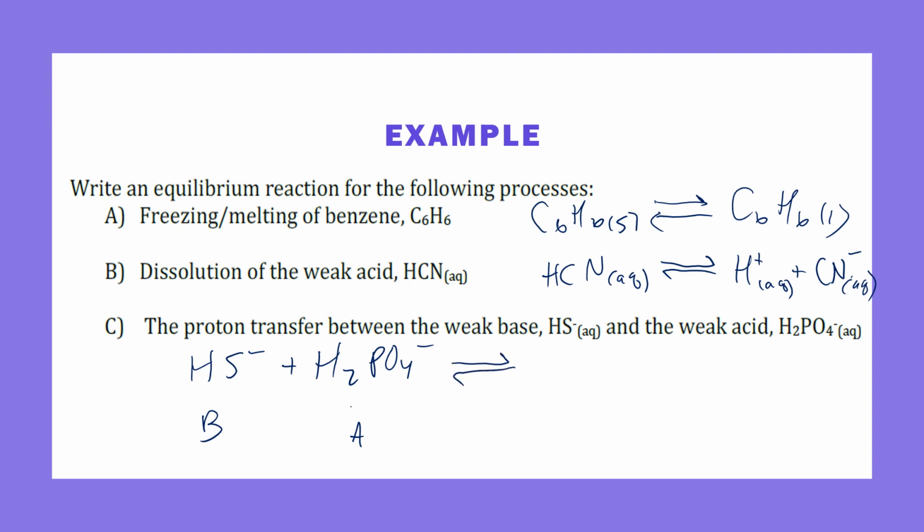So the acid is going to transfer one of the hydrogens to the base. So this is an H2S. And the other thing will be HPO4 2-. And so H2S will be the conjugate acid, and HPO4 2- will be the conjugate base.